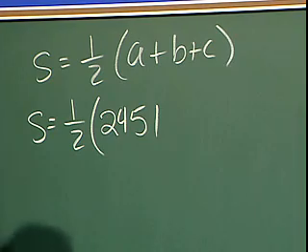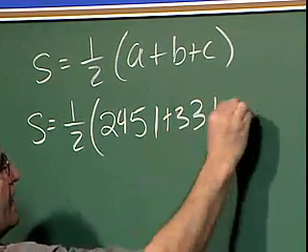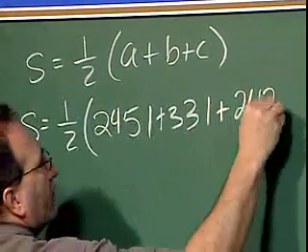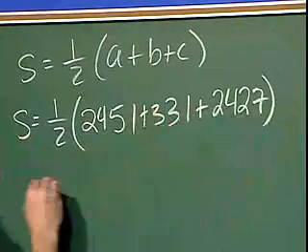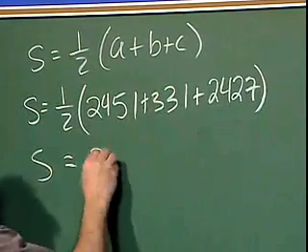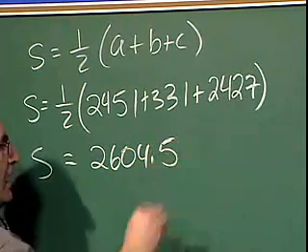From New York to Montreal is 331 miles. And then from Montreal to LA is 2,427 miles. Add all of that up, take half of it, and you'll find that S is equal to 2,604.5.